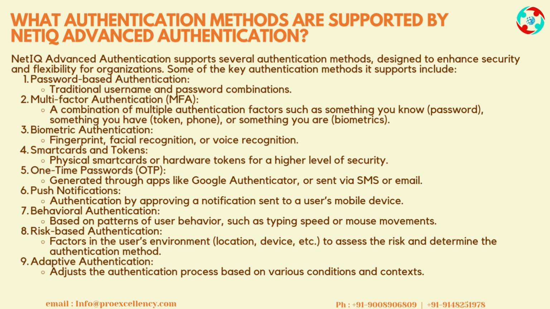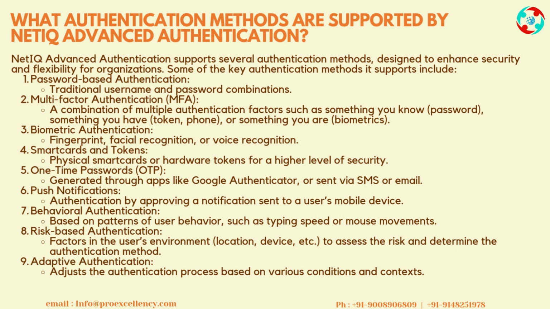Smart cards and tokens. Physical smart cards or hardware tokens for a higher level of security. One-time passwords, OTP. Generated through apps like Google Authenticator or sent via SMS or email. Push notifications. Authentication by approving a notification sent to a user's mobile device.